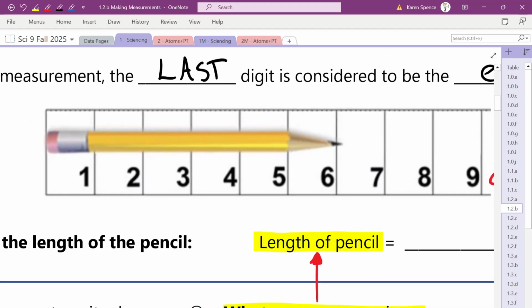Tell your partner what you think it would be. Can we all agree that that's probably 6 point something? Because it's bigger than 6, but not yet 7.